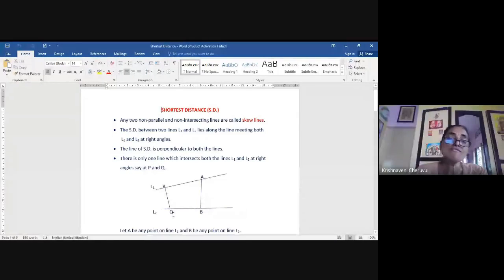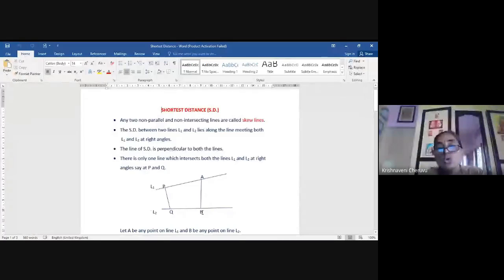If you take the distance between P and Q as the shortest distance, then what condition is to be satisfied? The line joining these two points, PQ, must be perpendicular to the line L1 and perpendicular to the line L2. You may not be able to draw it correctly, but that's what it means.